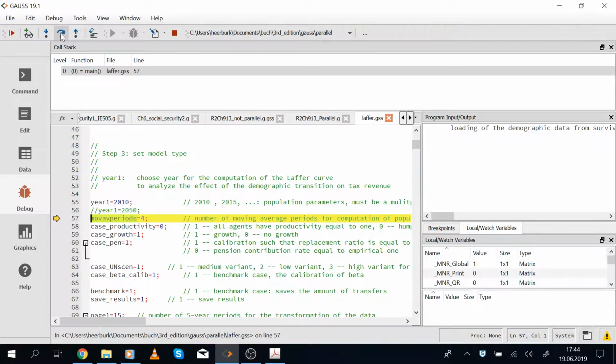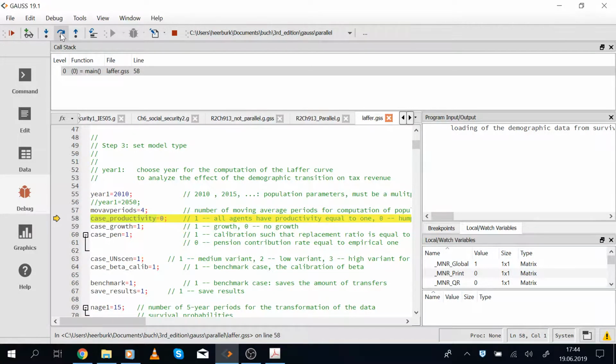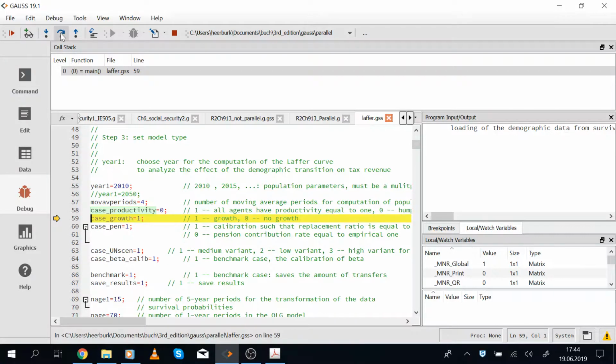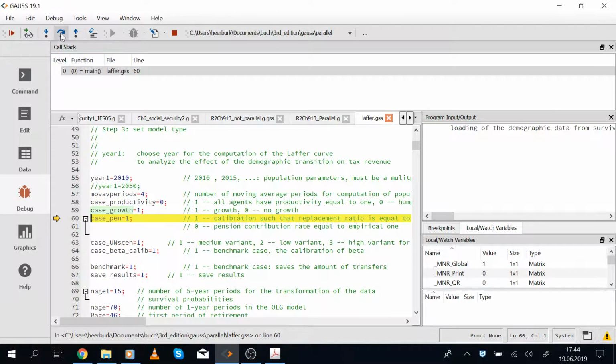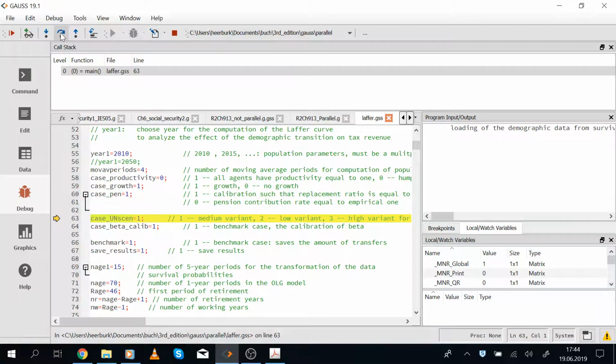Now we do some smoothing here of our data. We use moving averages over 4 periods, and here we specify the case of growth or no growth of productivity equal to 0. This means we impose the hump-shaped age efficiency profile from Hansen. We use the case with exogenous growth, and we use case 1 where we calibrate the pensions such that the replacement ratio is equal to the empirical one.